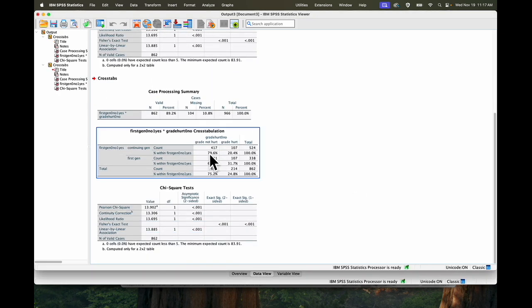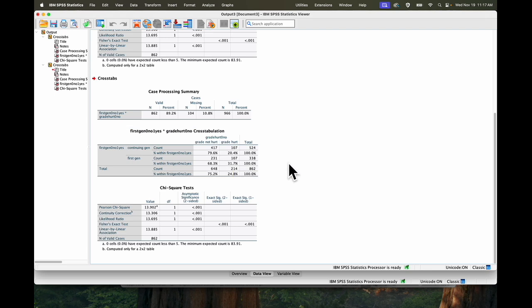And here you can see that 20.4% of continuing generation students say that their grade was hurt, but over 50% more, so 31.7%, this is 11.3% more of students who are first generation said that their grade was hurt.